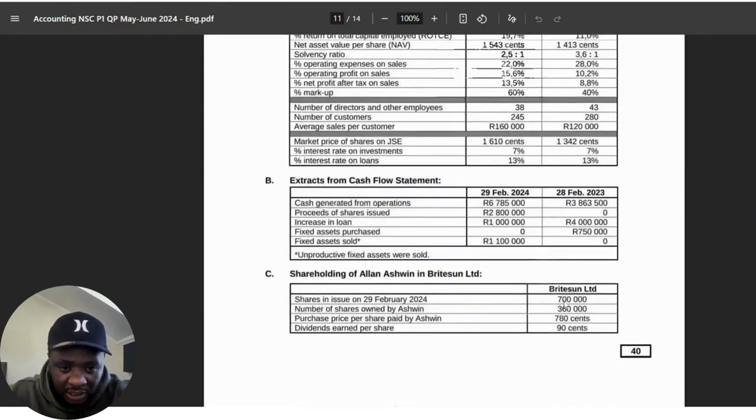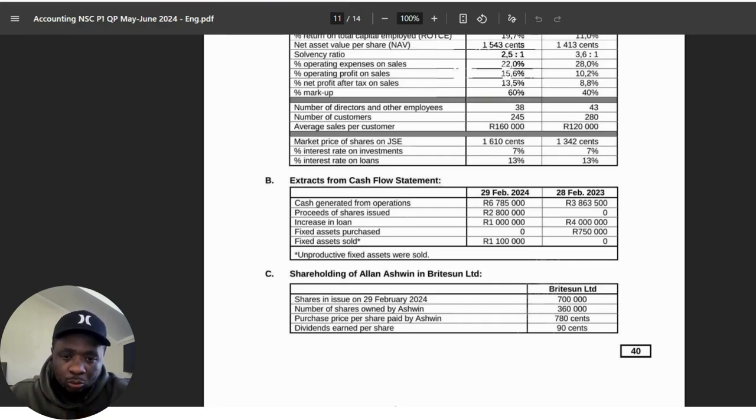The shares in issue on 29 February is 700 cents. He owns 360,000 of these shares. He bought the shares for 780 cents, and then the dividend per share that he earned was 90 cents.